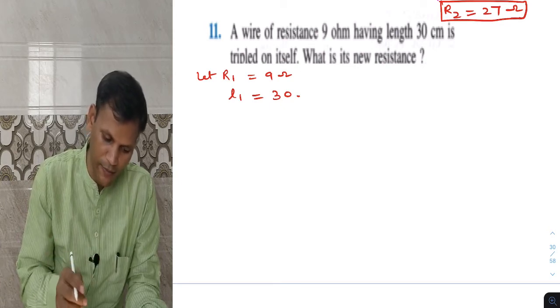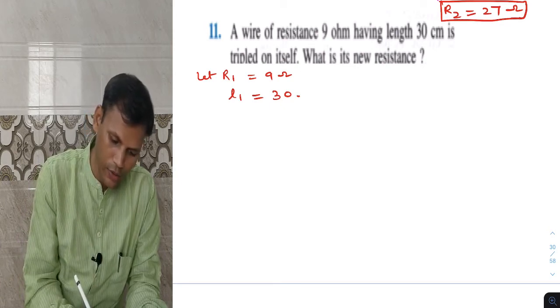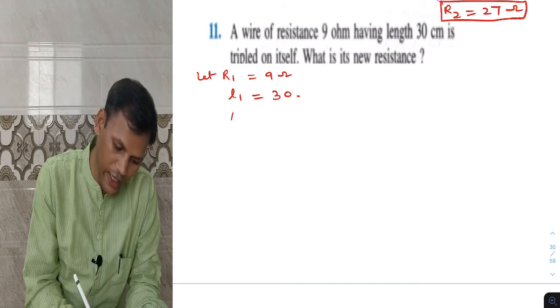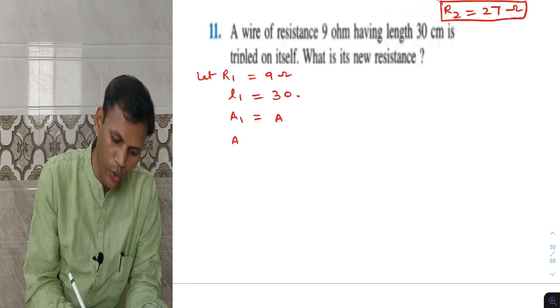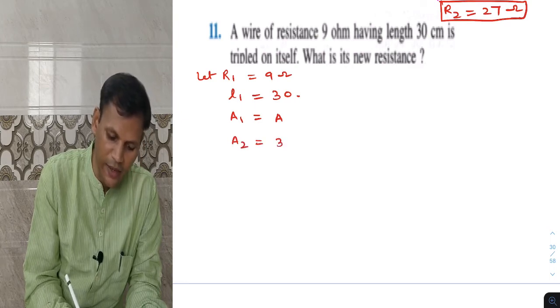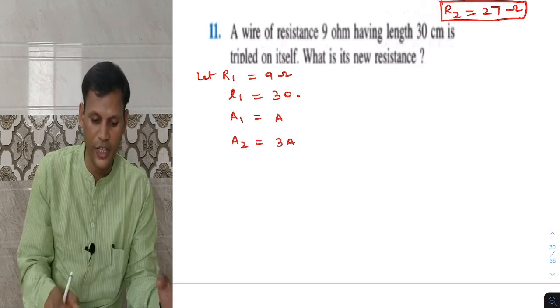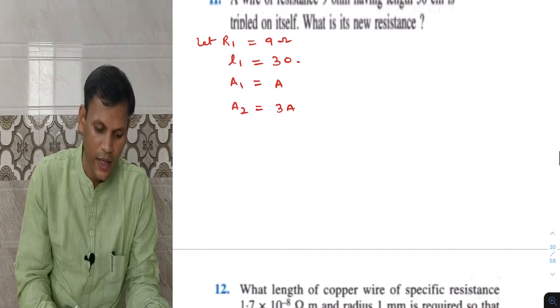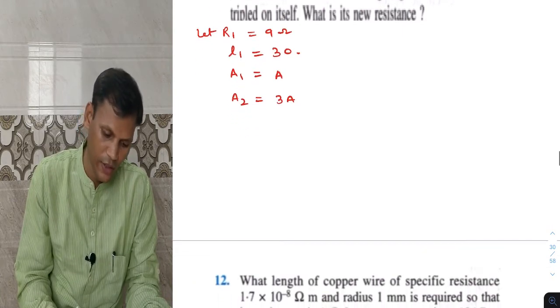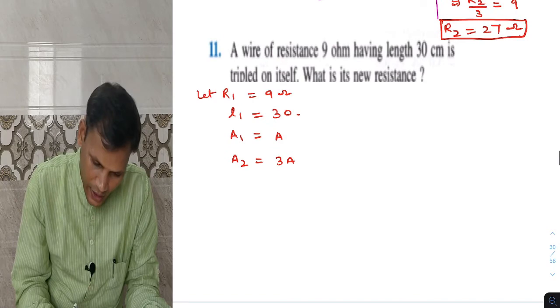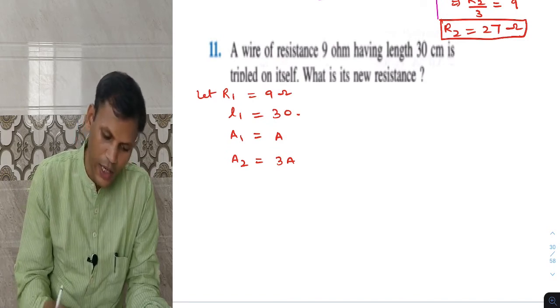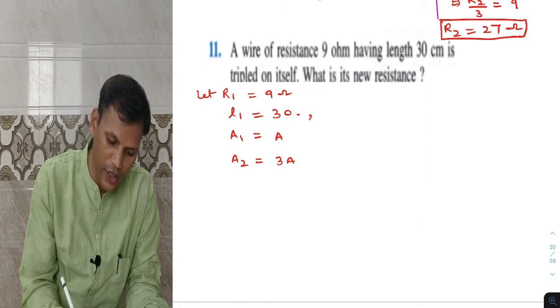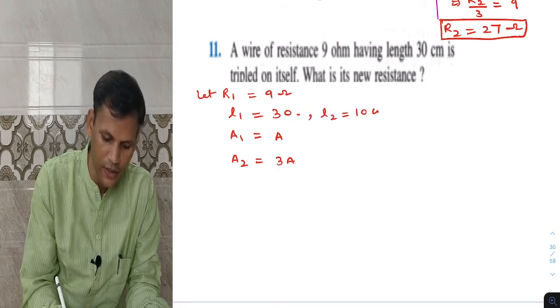Area A1 we are assuming as A, and area A2 will be 3 times A because it is tripled on itself. L1 we have mentioned is 30 centimeter, so as we will triple it, L2 will be 10 centimeter.